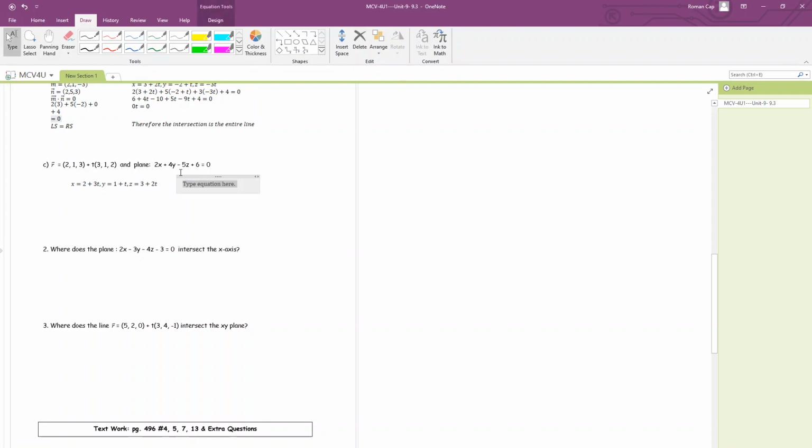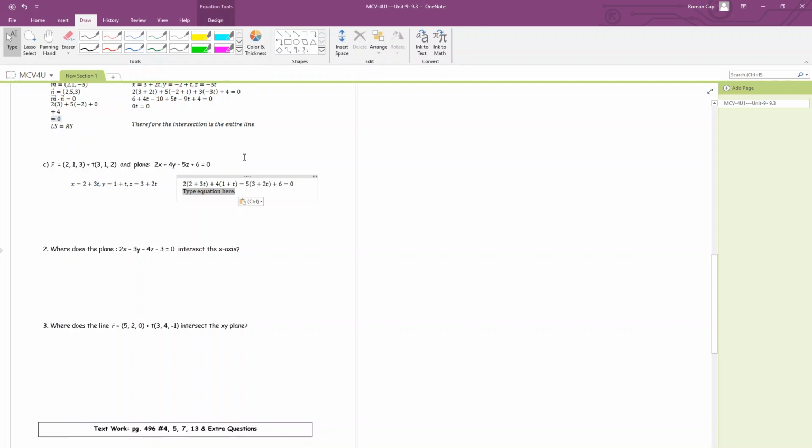So now what I'm going to do is just plug this back into the equation of the plane. So we have 2 times (2 + 3t) + 4 times (1 + t) - 5 multiplied by (3 + 2t) + 6 is equal to 0.